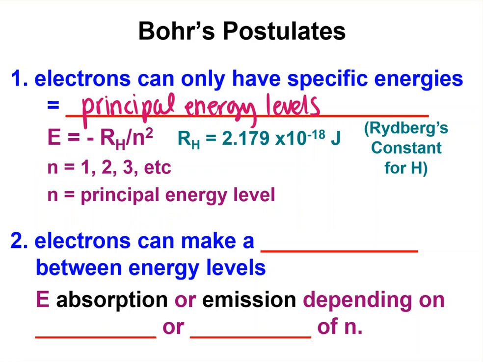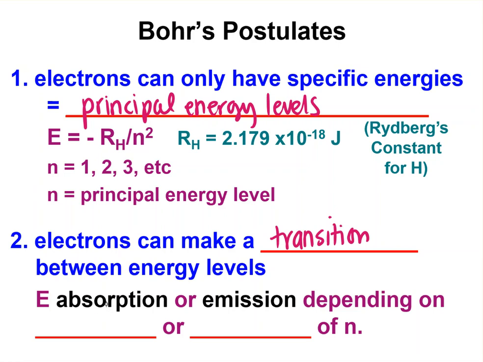Okay, so we have specific energies that are allowed for electrons to have. But electrons can make a transition between those energy levels.